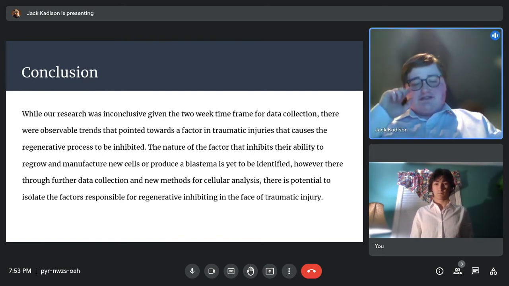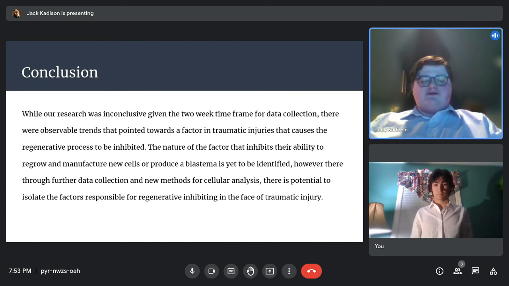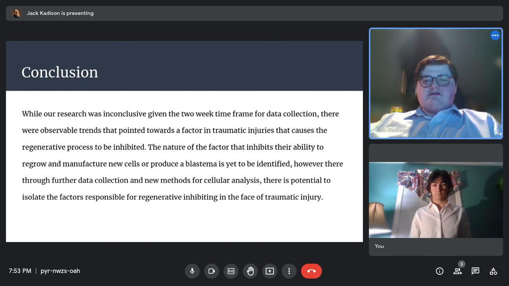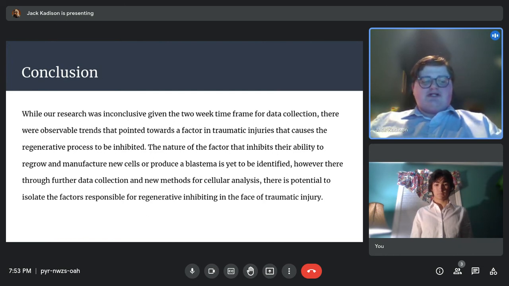While our research was inconclusive given the 2-week time frame, there were observable trends that pointed towards some sort of element in the traumatic injuries that caused the process of regeneration and regrowth to be inhibited.